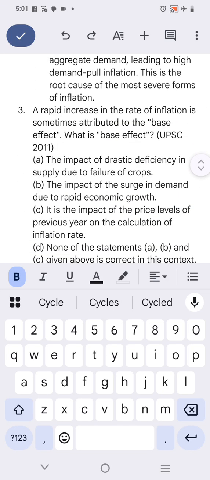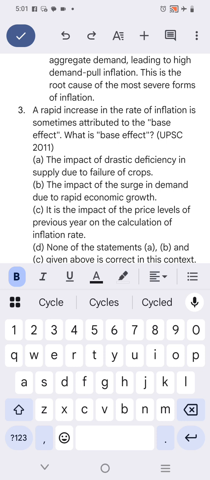A rapid increase in the rate of inflation is sometimes attributed to the base effect. Base effect you already understand; we've covered it earlier as well. The base year is 2011 to 2012.